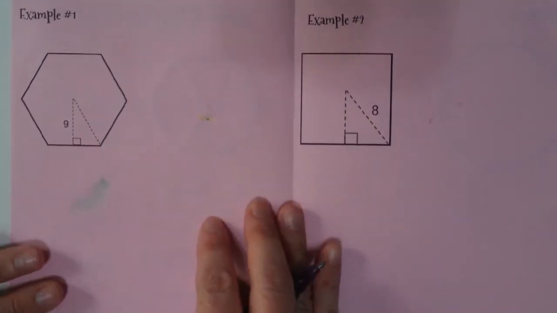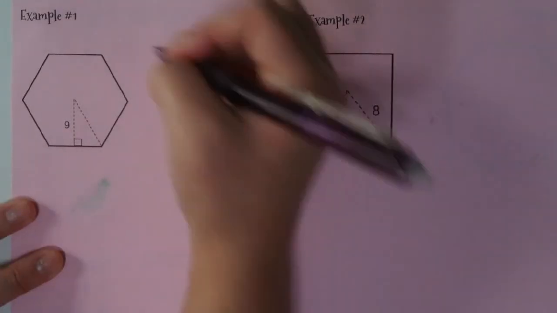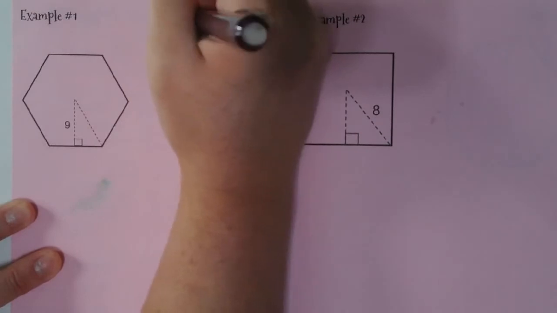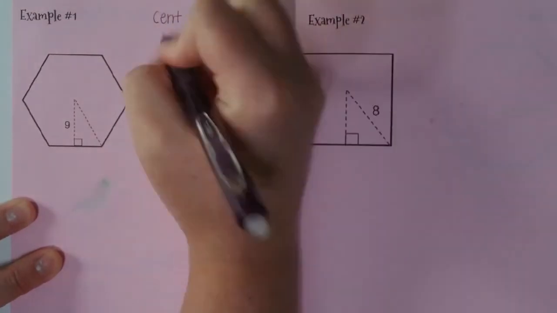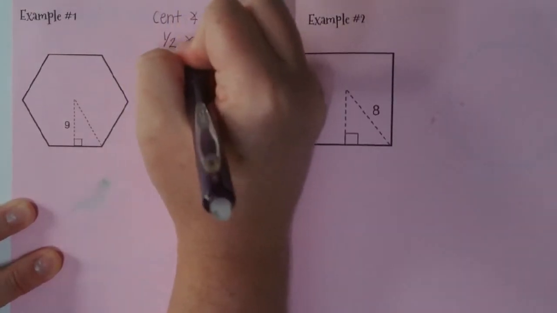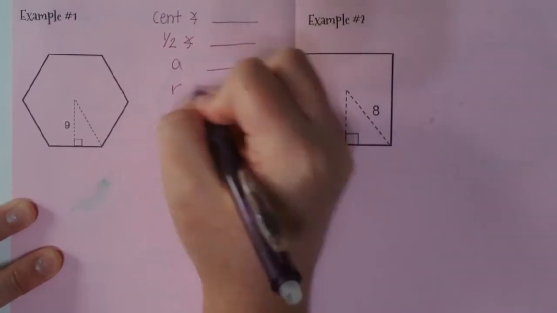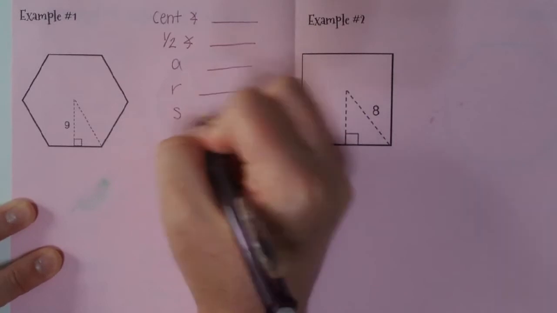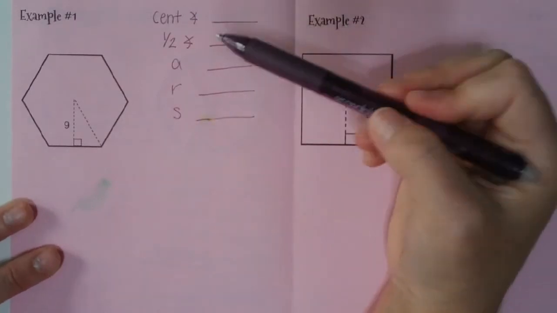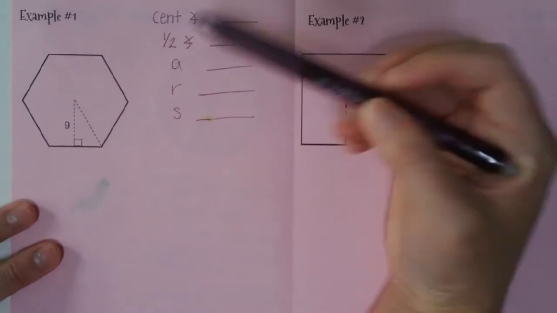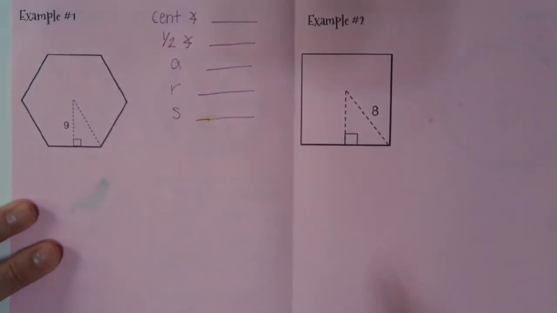Example 1. All right, so the first thing I'm going to do is draw the chart. So we have the central angle, 1/2 the angle, A, R, S. How I kind of remember this part: CARS. Well, if I have the angle, then after the angle would be half of the angle.